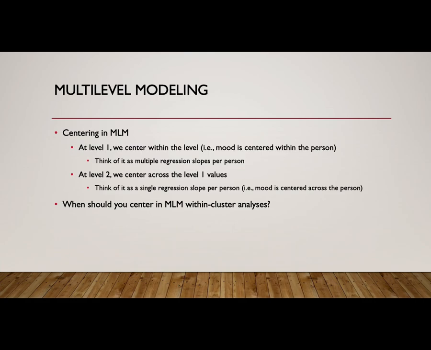I don't know about a true label, but I call it person level centering and grand mean centering. So you can have person level or within subject centering, and between subject centering. When you have those two things, the same variable centered different ways across levels, then it's called contextual effects, which is different than cross-level interactions.